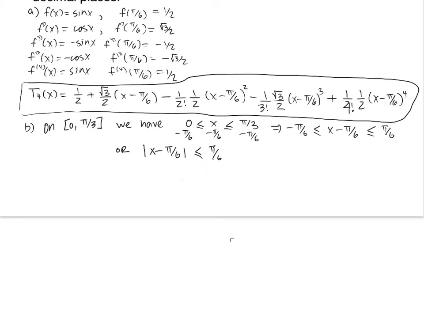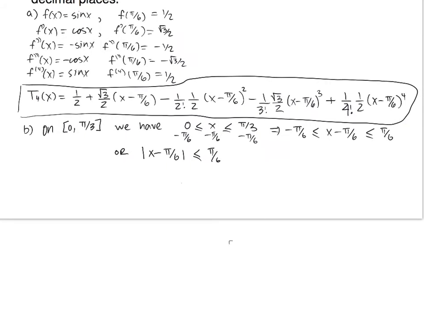These intervals are doctored to be symmetric, so you can easily make this conclusion. So in this case, we care about x minus pi/6 to what power? To the fifth. That's going to be less than or equal to (pi/6) all to the fifth power.